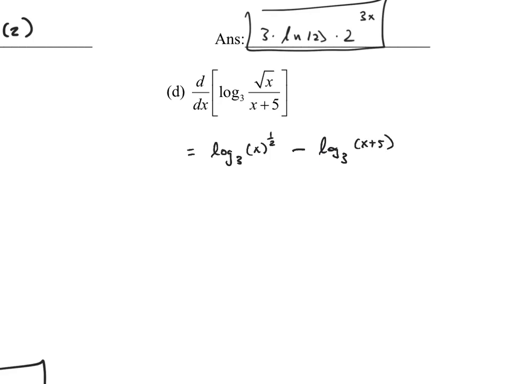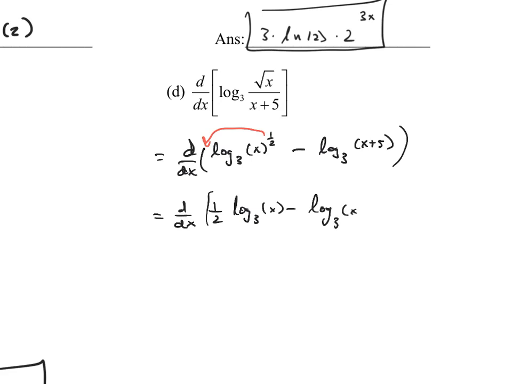Okay, and then remember you can bring that power out in front. So I need the d/dx on this because I haven't taken the derivative of this yet. So this is going to be the derivative with respect to x of 1/2 times log base 3 of x minus log base 3 of x plus 5.